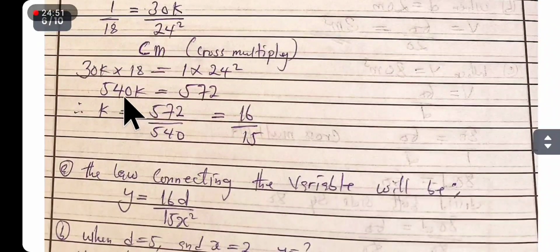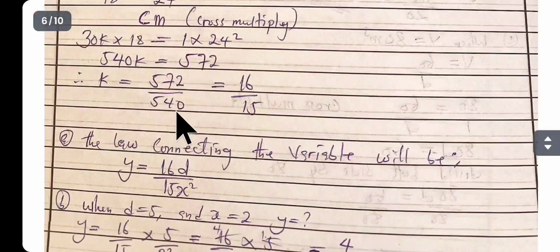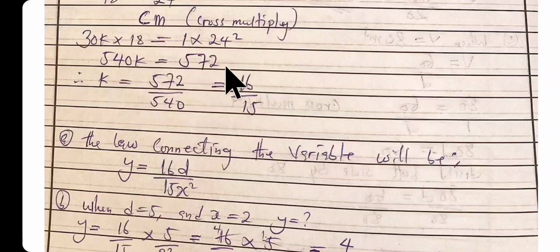Divide both sides by the coefficient of k, which is 540. So k is going to be equal to 572 over 540. If you reduce this to the lowest terms, you are going to have 16 over 15.